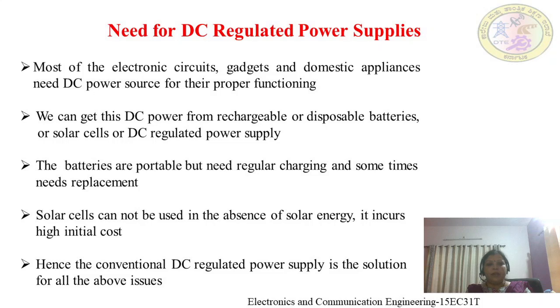We know that most of the circuitries or equipment, home or office equipment, domestic appliances, or any electronic gadgets like toys or video games, all require a DC power source for their proper functioning.